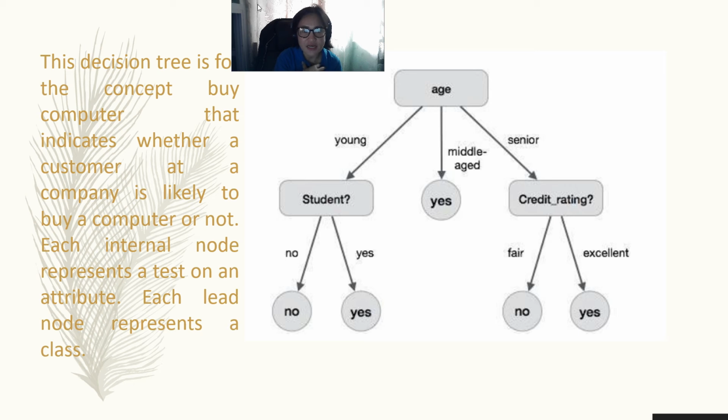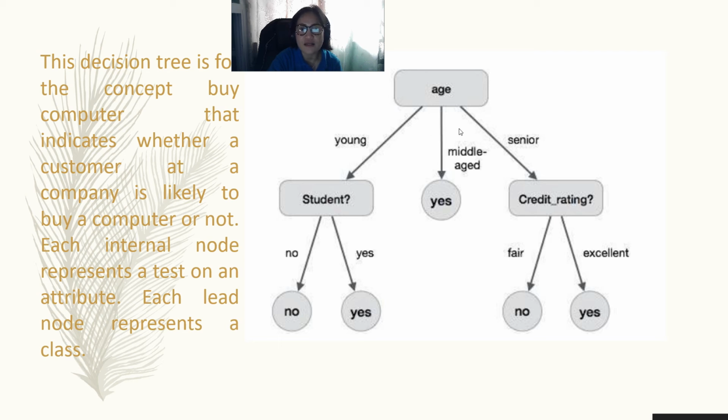If I am the seller, which type of buyers will I sell to? The buyers are the young, the middle aged, and the senior. These are your alternatives. Age is your root node.